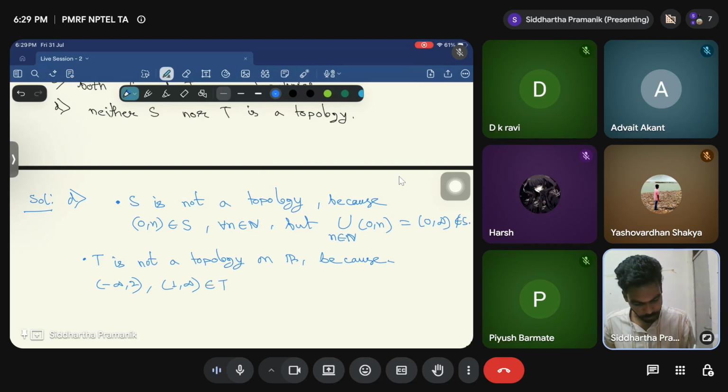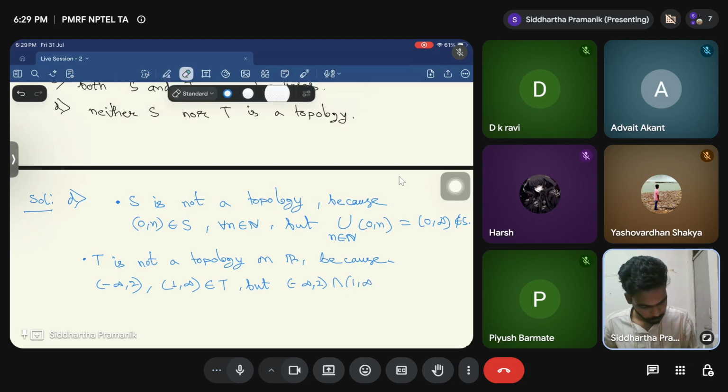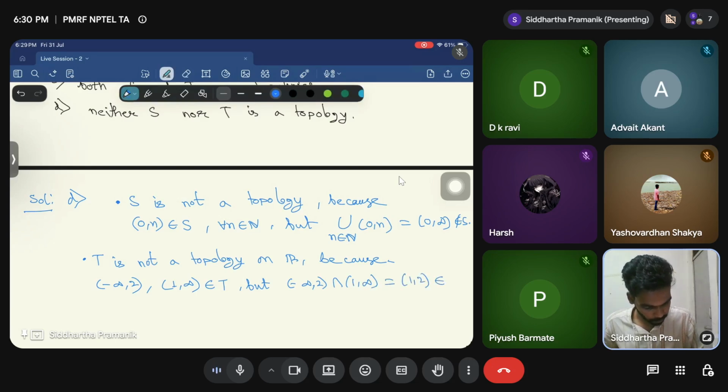So both are in T, but their intersection, this open interval (1, 2), is not in T. Okay, so this is a very simple example. So I hope you have understood this. Is it okay, or is there any doubt?